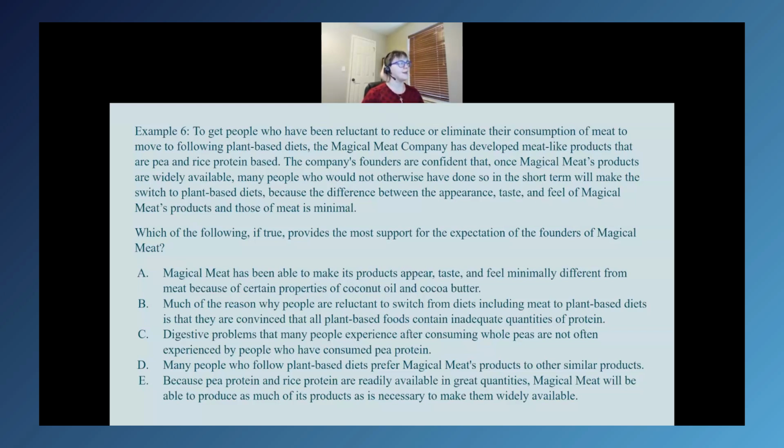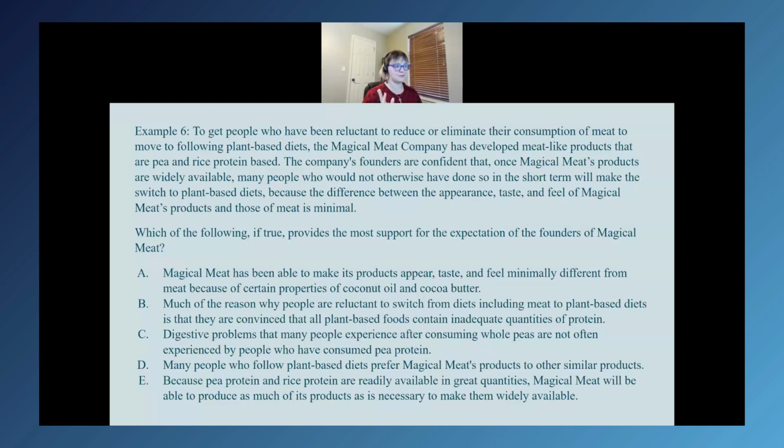So, if that wasn't true, and consuming pea protein gave people digestive problems, then it doesn't really matter how good of a meat these meat-like products are. If they make people sick, then people probably aren't going to switch over to them.